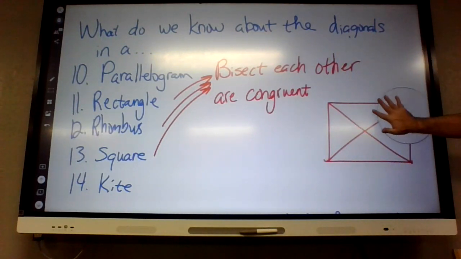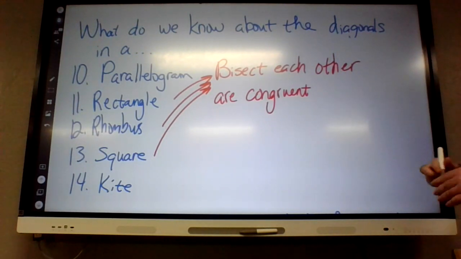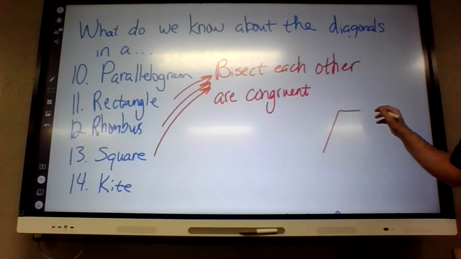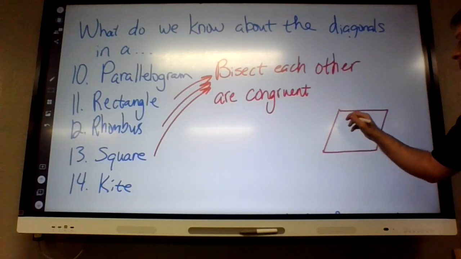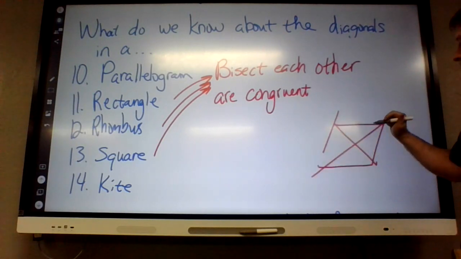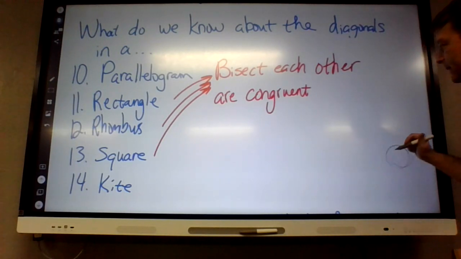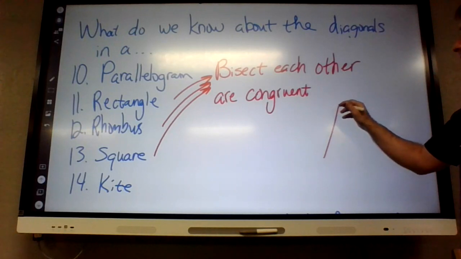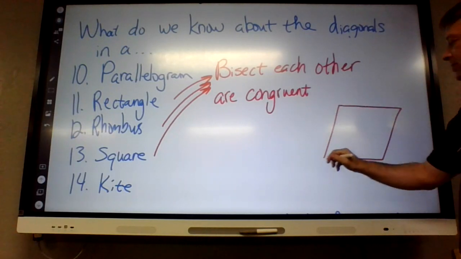Okay. What do we know about the diagonals in a rhombus? A little bit harder to draw a really nice rhombus.